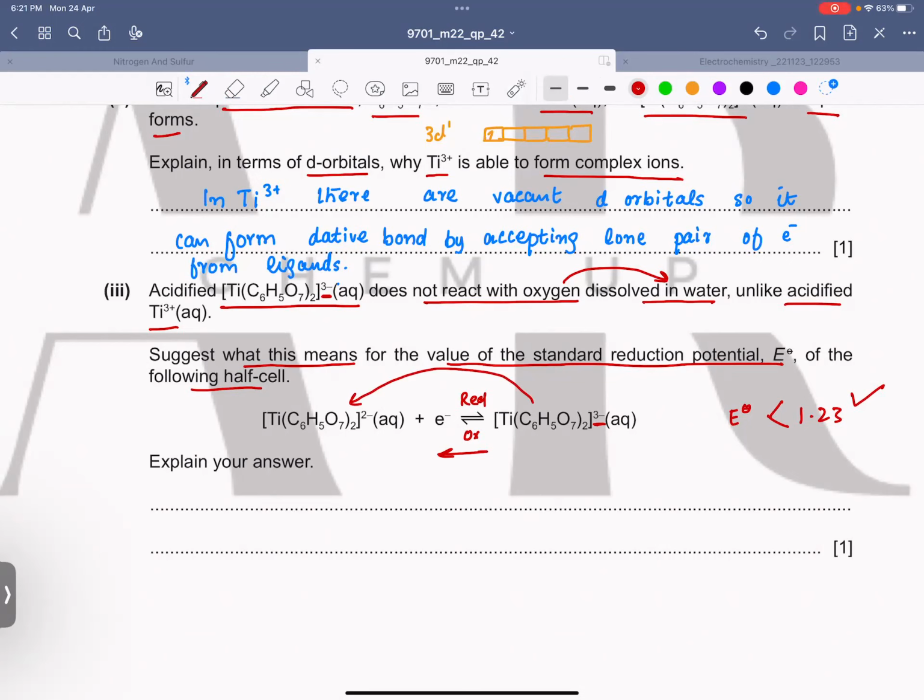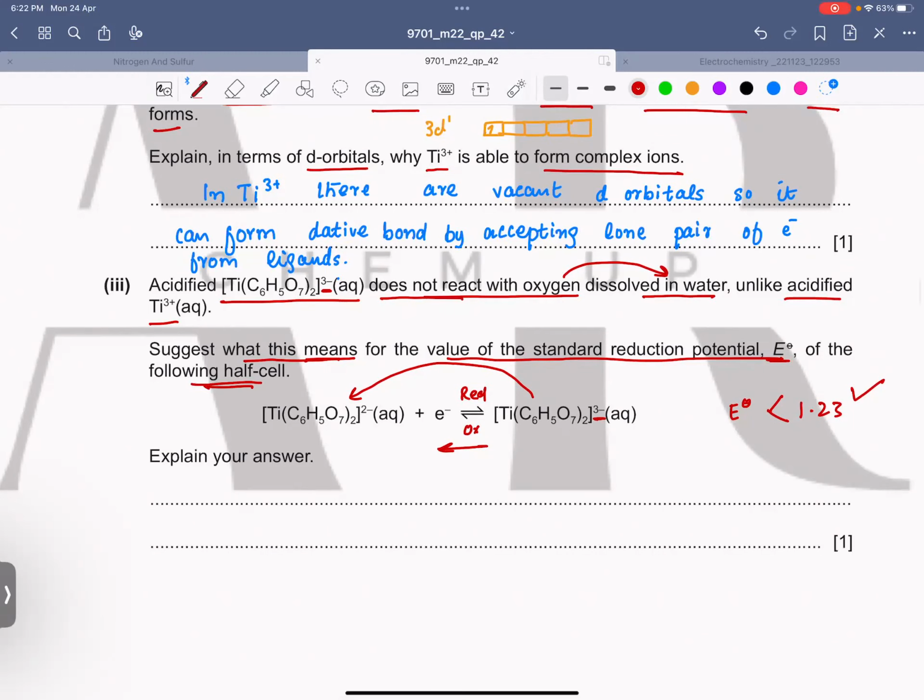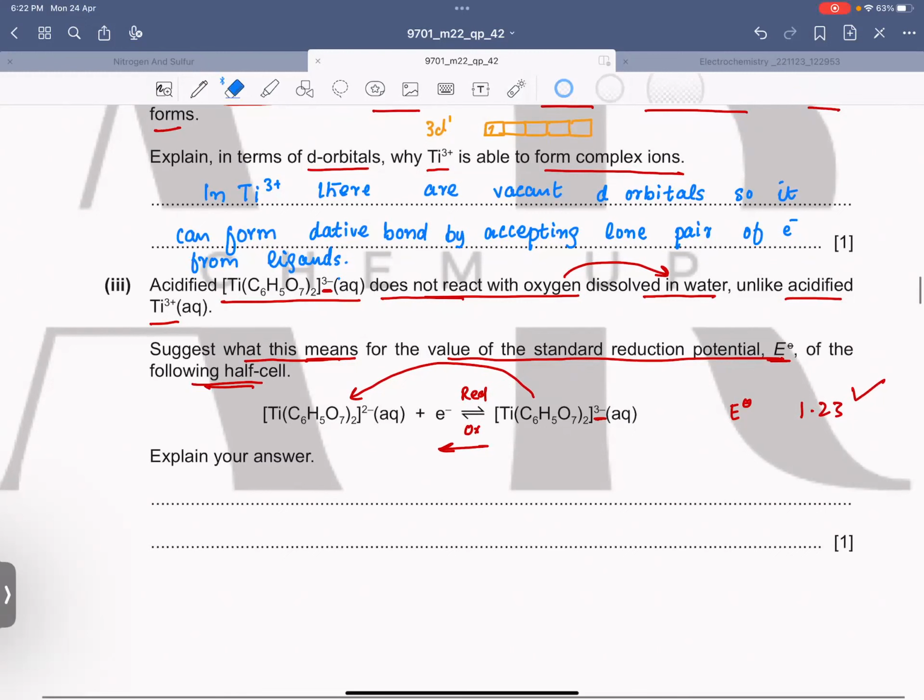But here they are saying that it does not react with oxygen dissolved in water. And they ask what this means for the value of the standard reduction potential of the following half cell. So it clearly indicates that the E naught of this half cell is actually greater than 1.23. That's why it does not react with dissolved oxygen in water.